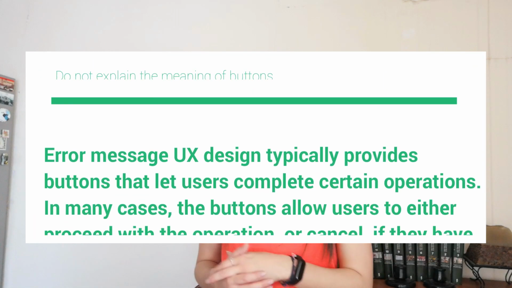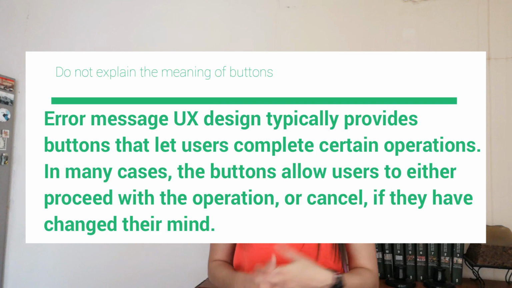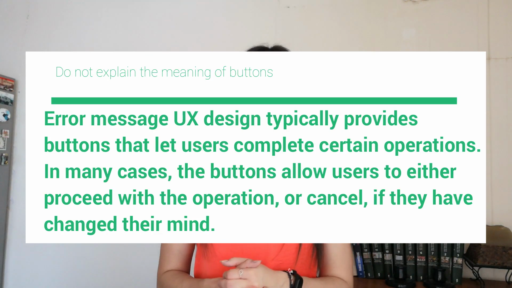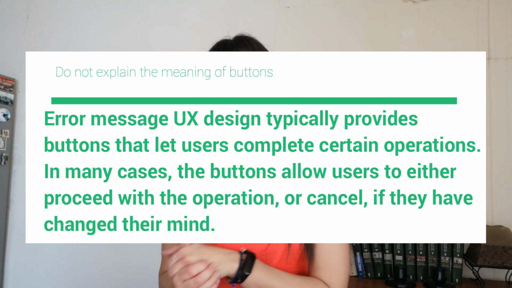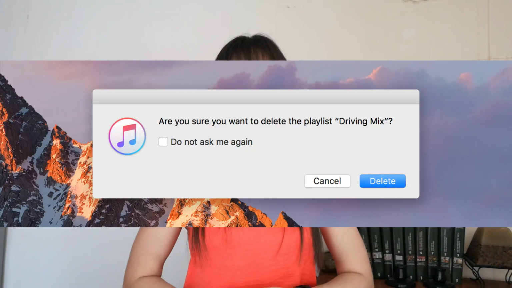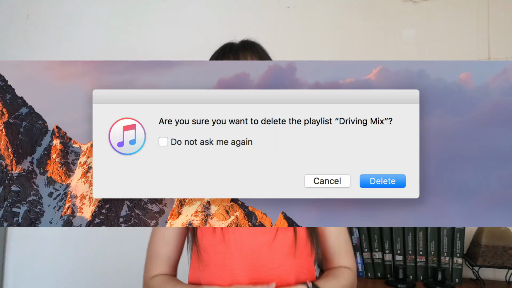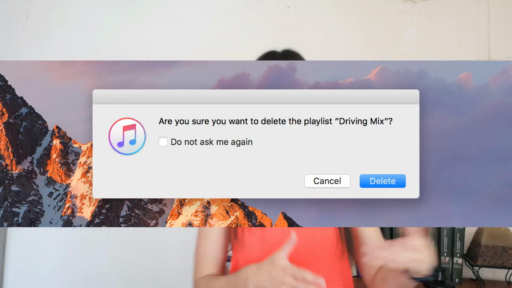Tip: do explain the meaning of buttons. Error message UX design typically provides buttons that let users complete certain operations. In many cases, the buttons allow users to either proceed with the operation or cancel if they have changed their mind.